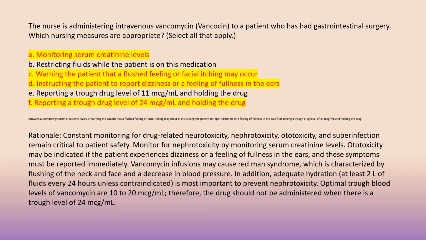In addition, adequate hydration, at least 2 L of fluids every 24 hours unless contraindicated, is most important to prevent nephrotoxicity. Optimal trough blood levels of vancomycin are 10 to 20 mcg per milliliter. Therefore, the drug should not be administered when there is a trough level of 24 mcg per milliliter.